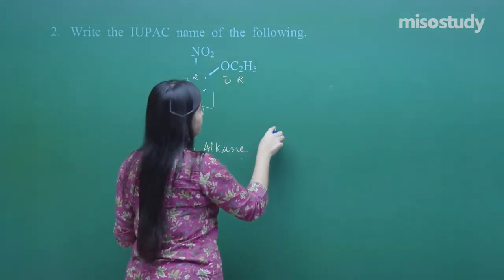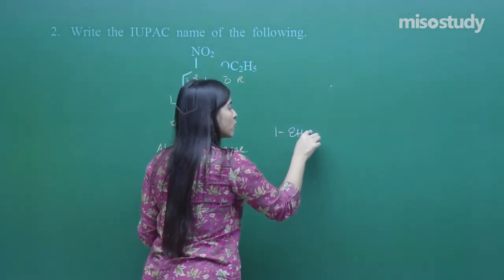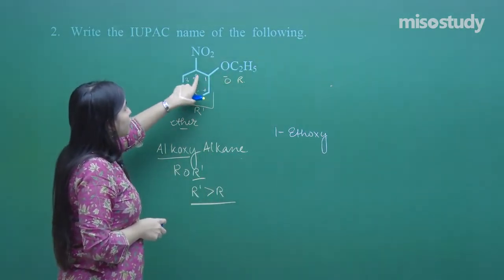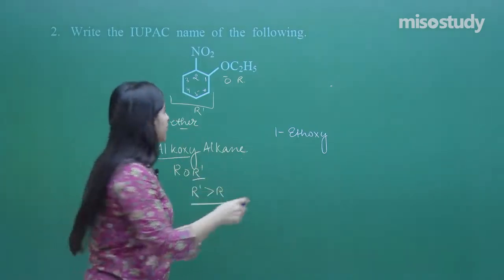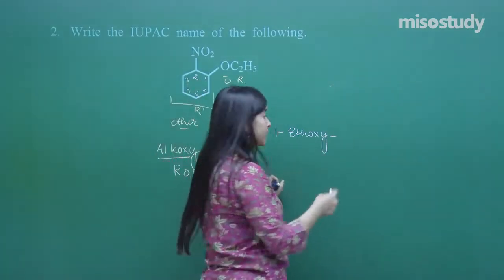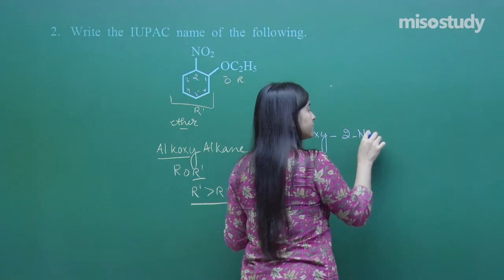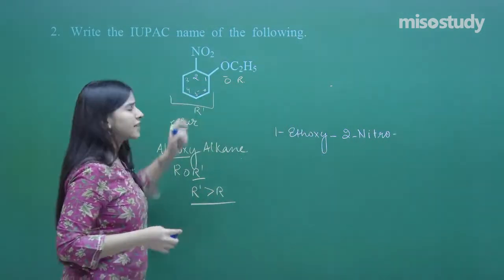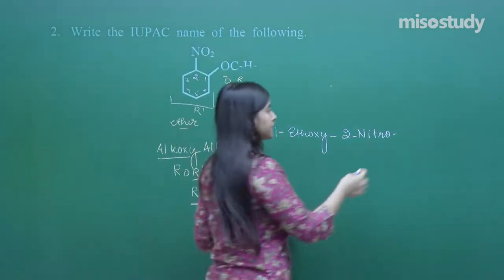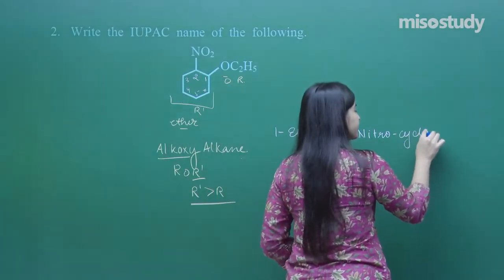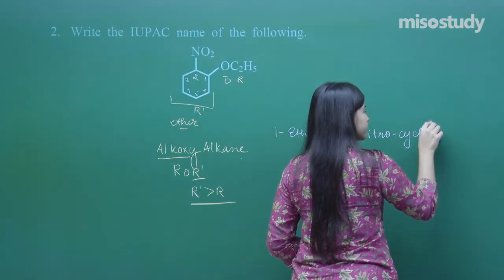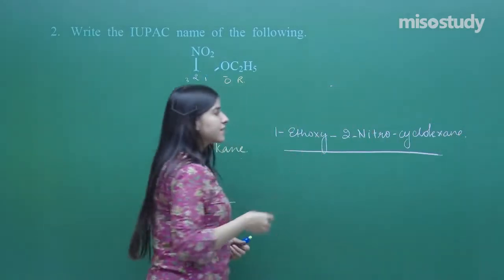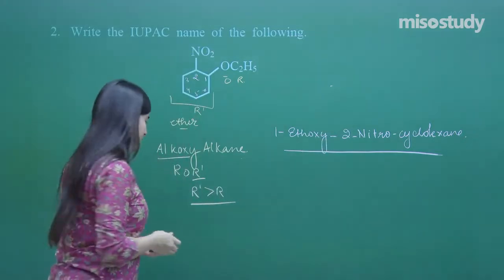So it's 1-ethoxy, yes, onto the first position I have got ethoxy, 2-nitro, right, as per the alphabetical order again, 2-nitro, and what is it? Cyclohexane. Clear? Easy? So that is the name for this compound. Clear? So let's move on further.